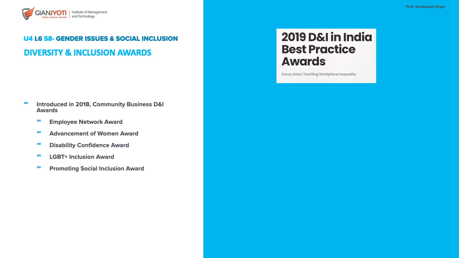They have started with diversity and inclusion awards under different categories, wherein they pick the companies who are awarded under each category, like Employee Network Award, Advancement of Women Award, Disability Confidence Award, LGBT plus Inclusion Award, Promoting Social Inclusion Award.